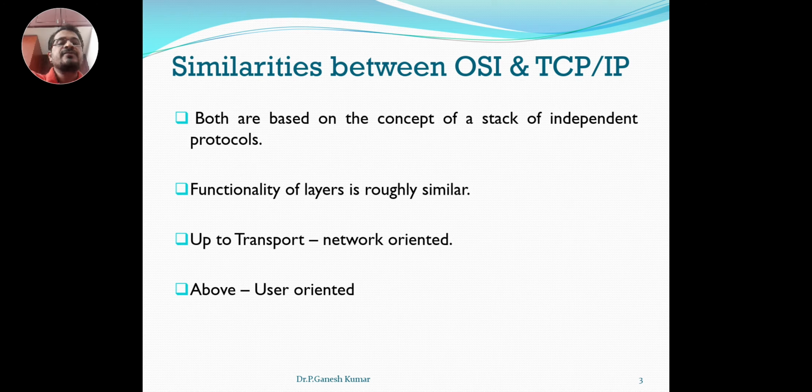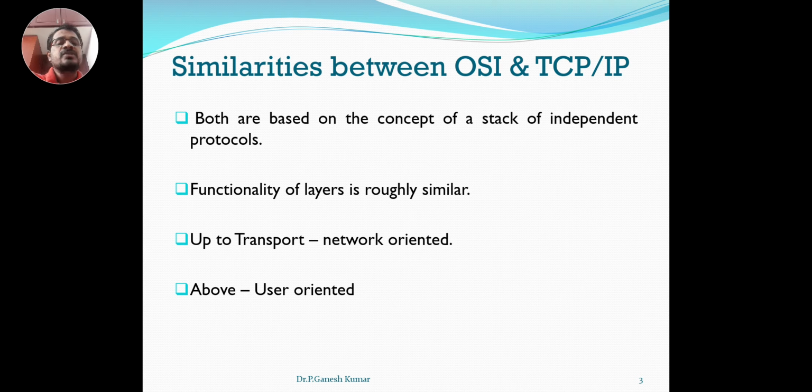Moreover, the functionality of the layers is roughly similar. The host to network layer in the TCP/IP model and the physical and data link layers in the OSI reference model perform very similar functions. Whatever functions are performed in the OSI reference model are more or less performed in the TCP/IP reference model.